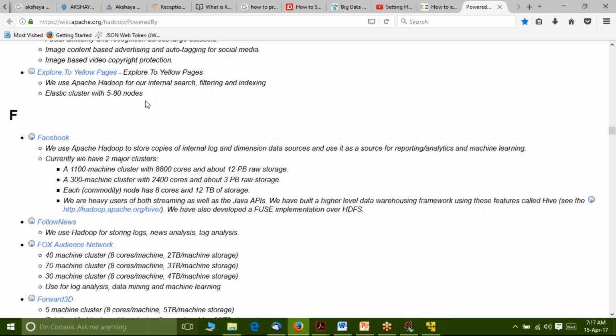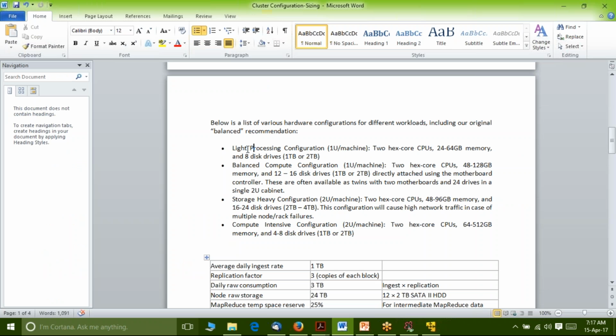Tell me, friends, with this basic description I have given for these companies, can't I estimate whether my processing is going to be light processing, a balanced compute configuration, a storage-heavy configuration or a compute-intensive configuration? Can't I decide which category my cluster fits in?